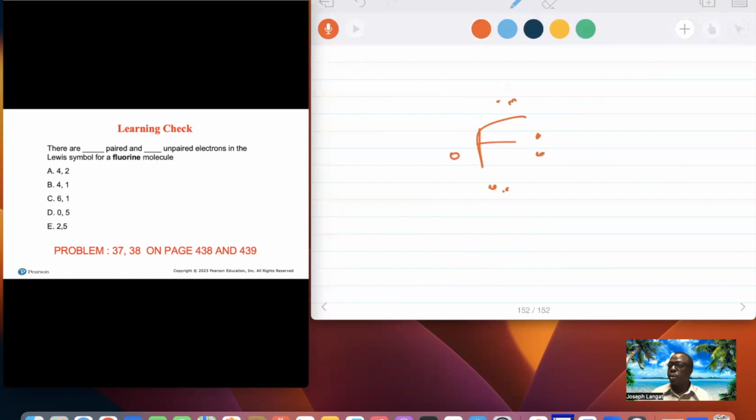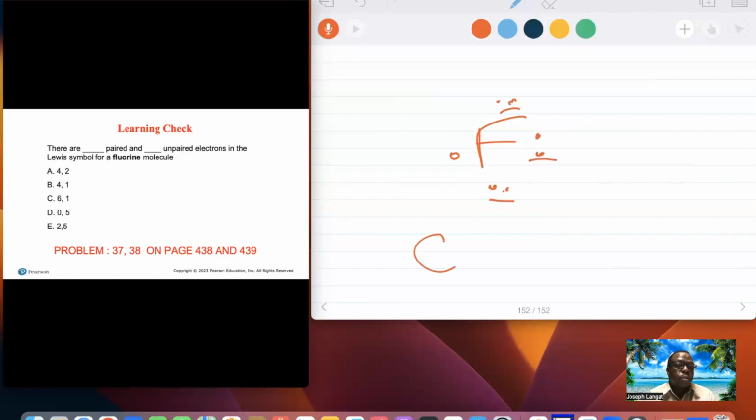So 1, 2, 3, there are 6 paired and 1 unpaired. So it's C.